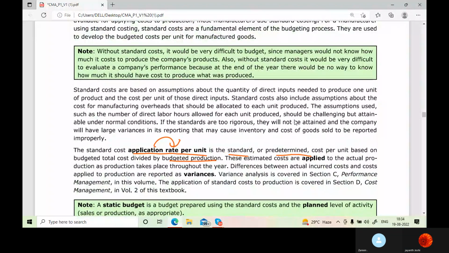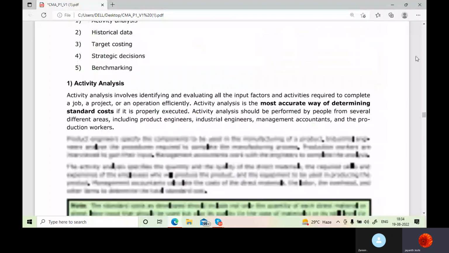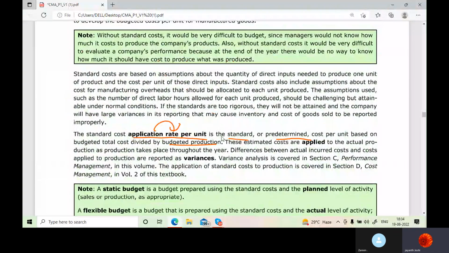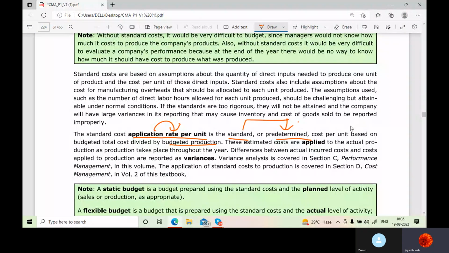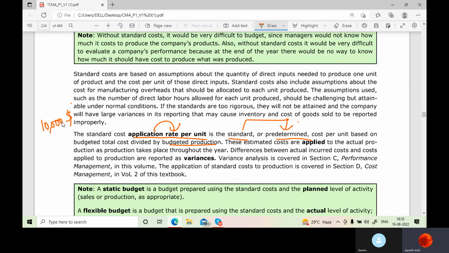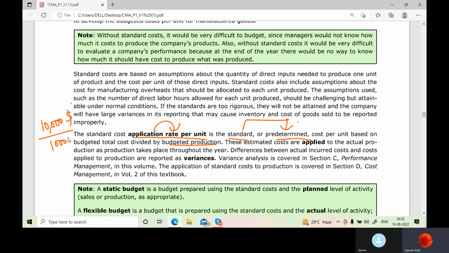so yeah, the standard cost application rate per unit is the standard or predetermined cost per unit based on budgeted total cost divided by budgeted production. So if my budgeted total cost is like $10,000, this is the budget I have made for material, and I want to make 1,000 units of my material.